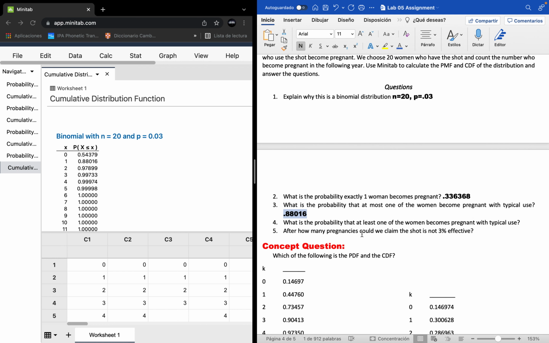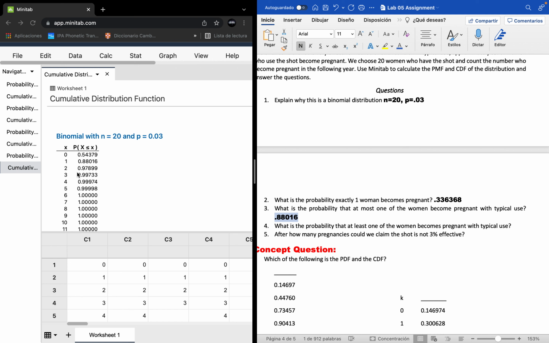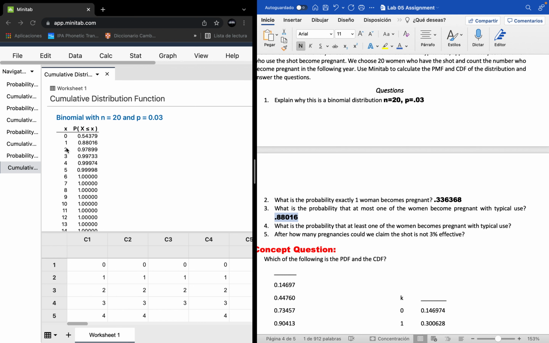What is the probability that at least one of the women becomes pregnant with typical use? At least one means one or more. At least one means 1 or 2 or 3 or 4 or 5 or 6 or 7 and so on, until what? How many tries do we have? Well, I mean, how many women do we have?